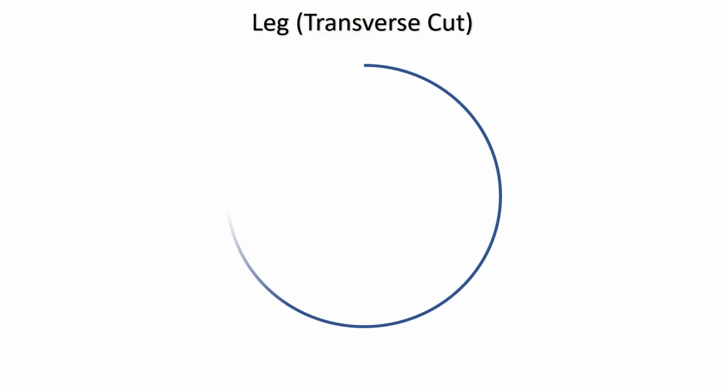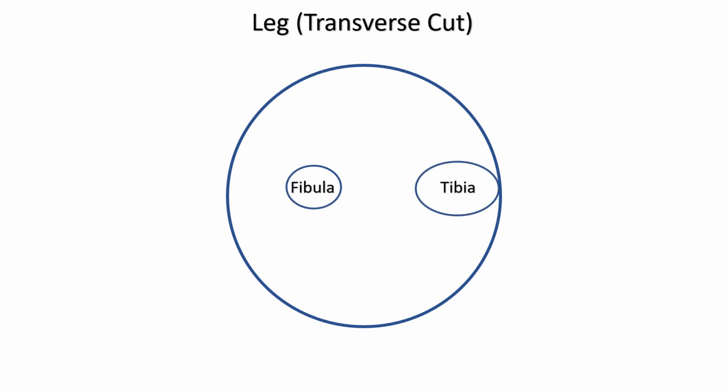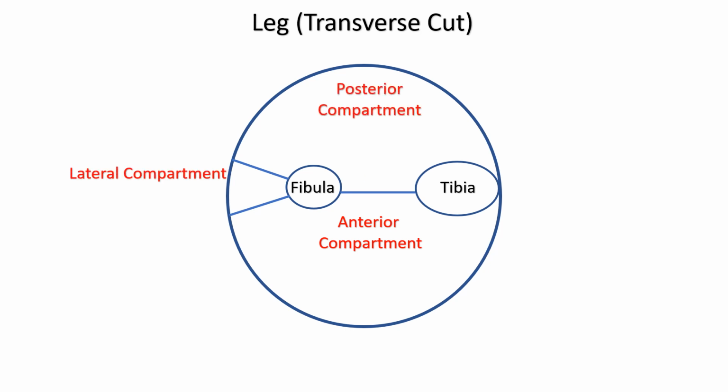Okay, if we are to move further down into the leg and do a transverse cut, you'll cut through the fibula and the tibia. So tibia is medial, fibula is lateral. You can divide this into three main compartments: the anterior compartment, lateral compartment, and posterior compartment. Okay, the anterior compartment is going to be innervated by the deep fibular nerve.